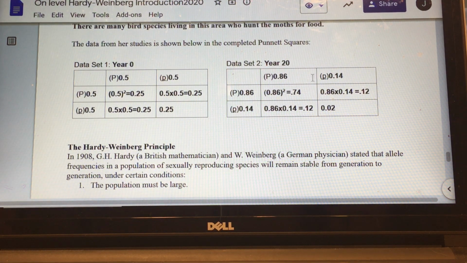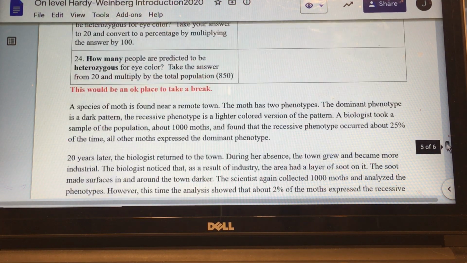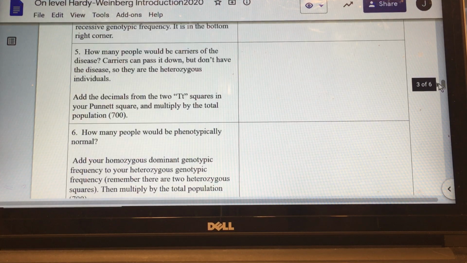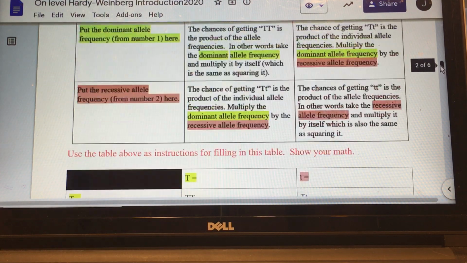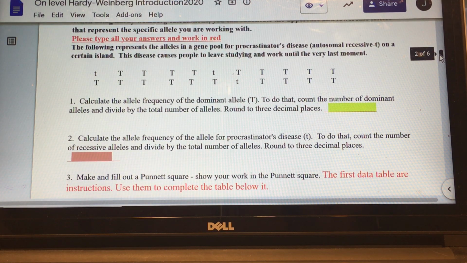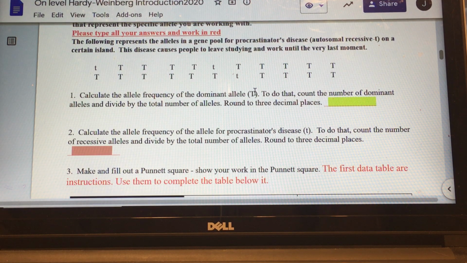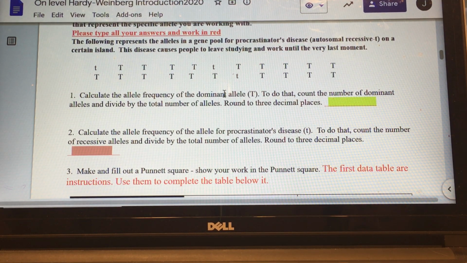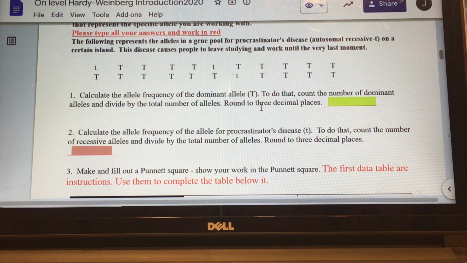Now I'm going to scroll to the top of this file, which I've made much bigger so that it's easier for you to see in a video. Number 1 asks you to calculate the allele frequency of the dominant allele. To do that, you count the number of dominant alleles and divide by the total number of alleles.